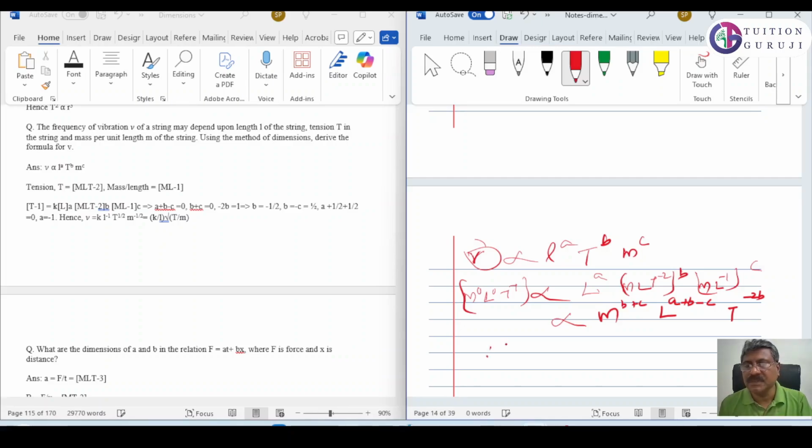Therefore, B plus C is equal to 0, which implies B is equal to minus C. Then A plus B minus C is equal to 0. Again, minus 2B is equal to minus 1.